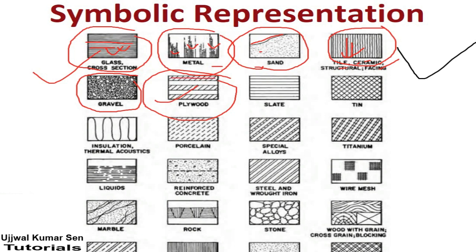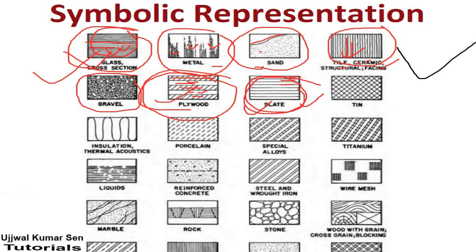Composite section, you can see 1, 2 and 3 are the same, and in between, these two are different materials. So you will see a composite section, right? Slate is also like different layers of the same particular material, right? If you compare slate and glass, glass is close packed, but slate is a little bit loosely packed.